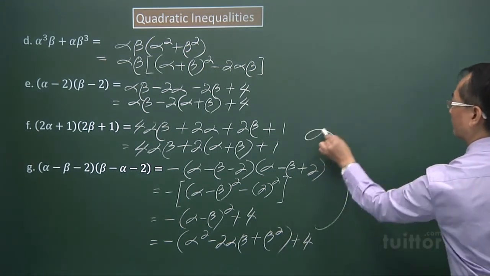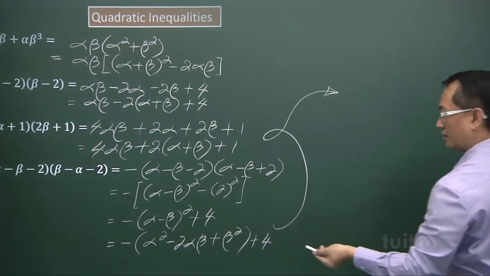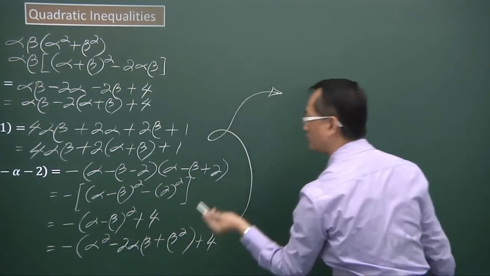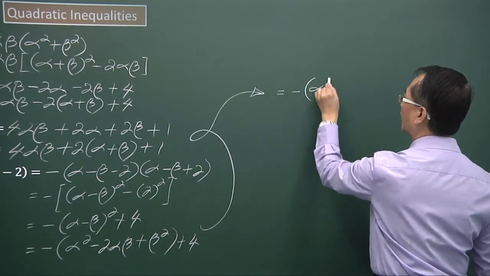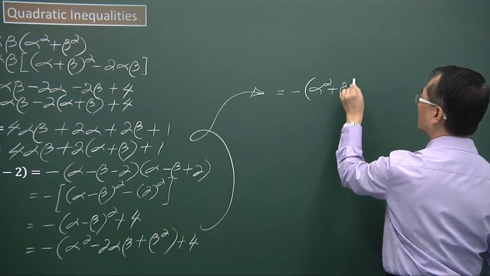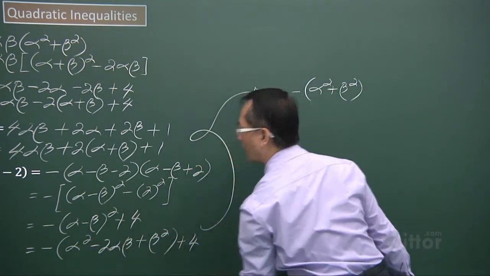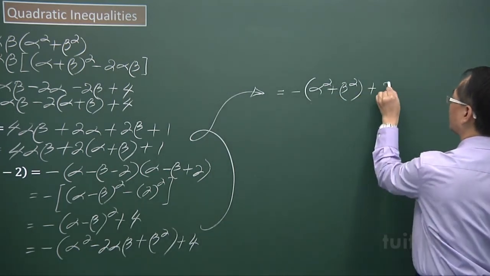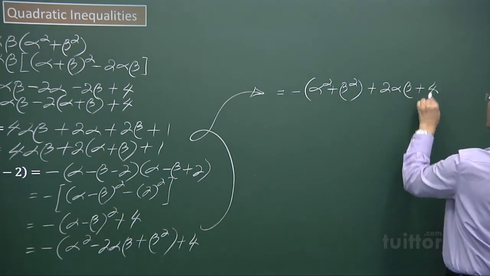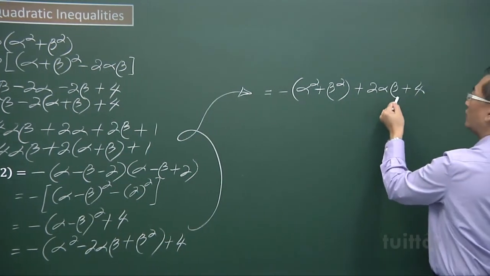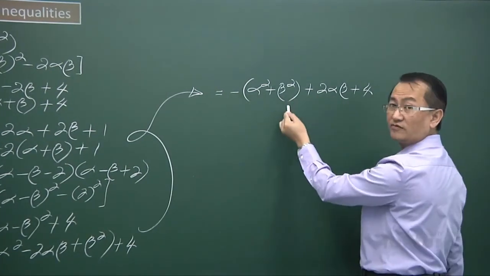So these two added up, I will have negative bracket alpha squared plus beta squared. Negative times negative 2 alpha beta, I have positive 2 alpha beta plus the 4. That is the product of two roots. That's just a constant. I have to resolve this.